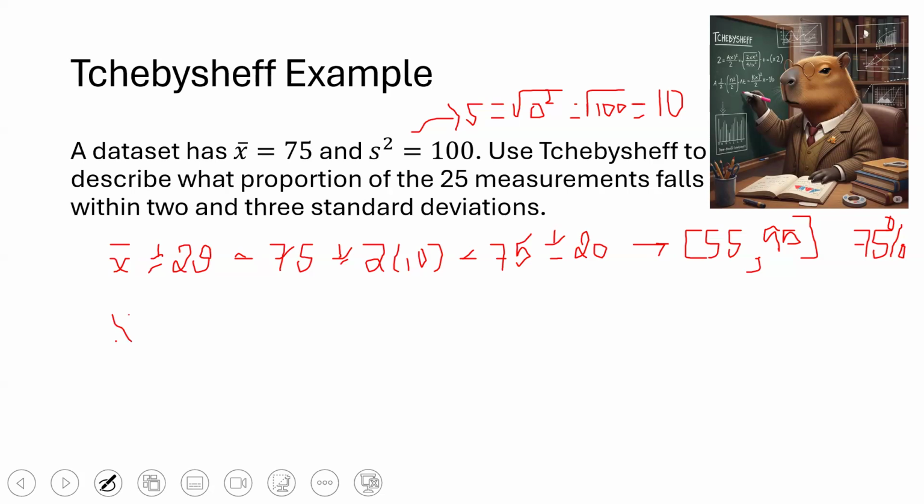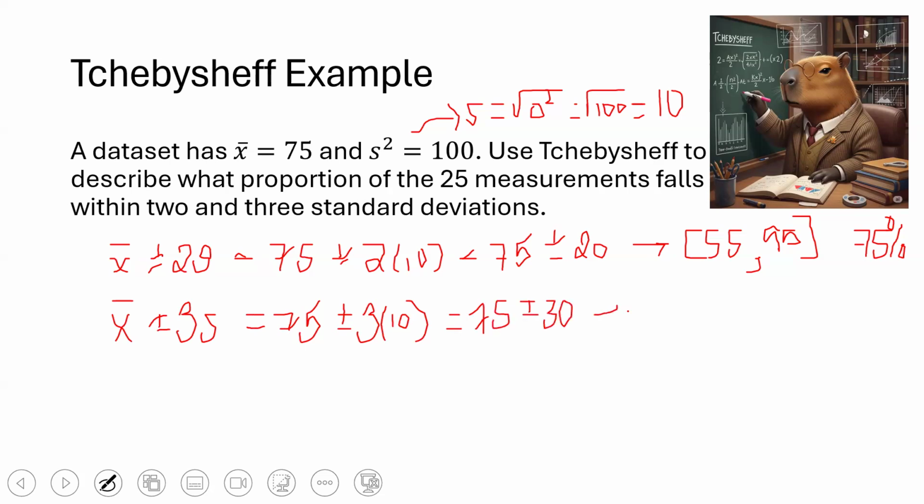Let's do the mean plus or minus 3 standard deviations. So now that's the mean, which is 75, plus or minus 3 times 10. So that's 75 plus or minus 30. Okay, again, subtracting 75 minus 30, because we always do the smaller one first, that takes me to 45. Now 75 plus 30 would take me to 105.